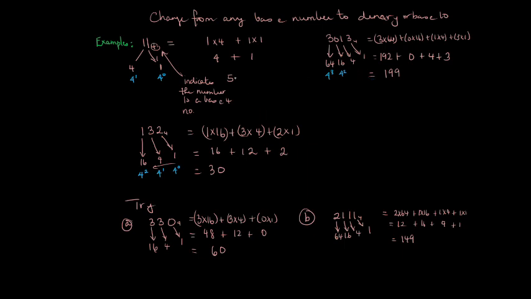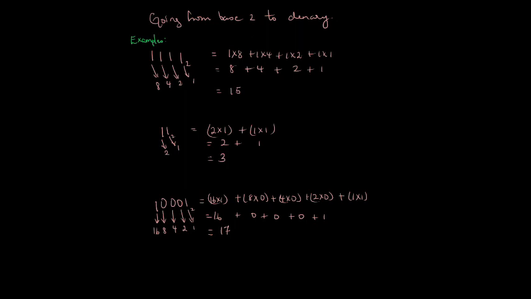So this one dealt with base 4, as you could see here. Base 2 has the same idea. Again, this would be 2 raised to the power of 0, 2 raised to the power of 1, 2 raised to the power of 2, and then 2 raised to the power of 3. Same idea here, and then you would just add.